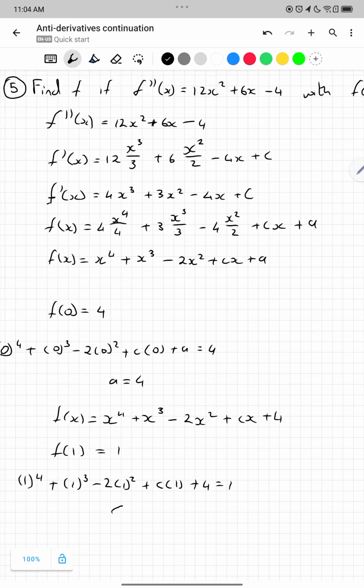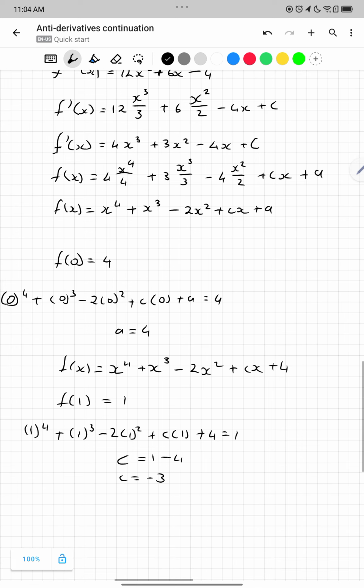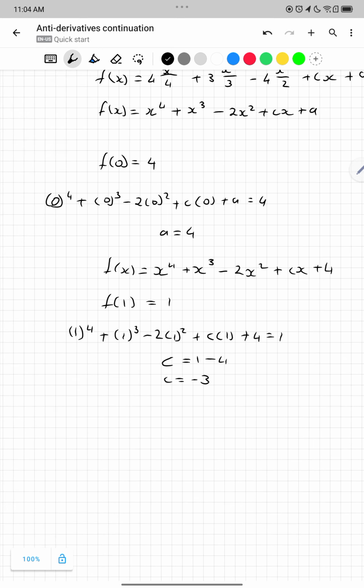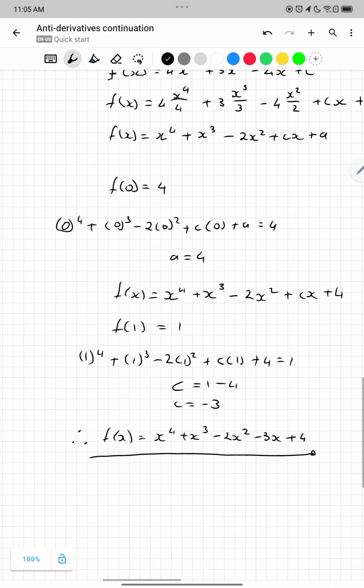So c is equal to 1 minus 4, which is minus 3. So therefore, f of x is equal to x to the 4th plus x to the 3rd minus 2x squared minus 3x plus 4. So this is our f of x. And that was question 5.